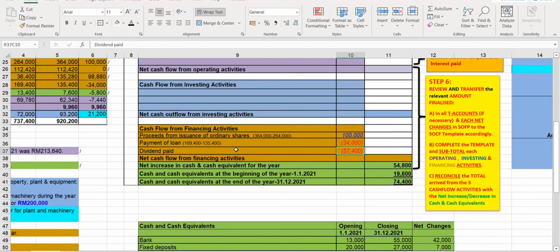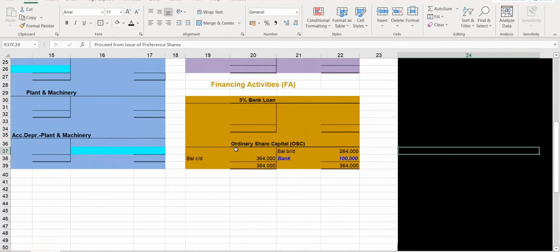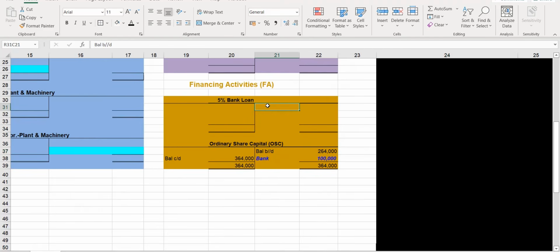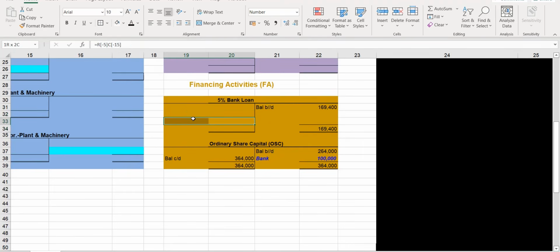Another way of doing this, if you reconstruct the T account, you can do the same as what you have done for your share capital, where you are going to put the balance first at the beginning of the year, the balance brought down, and total up that section of the credit side, and you have the balance on the debit side, and you would see that the total on the credit will equal the total on the debit.